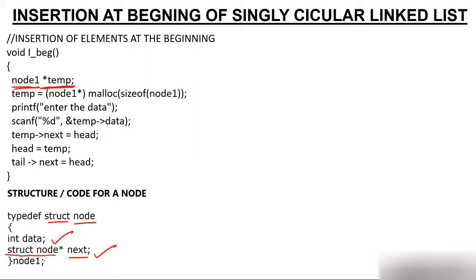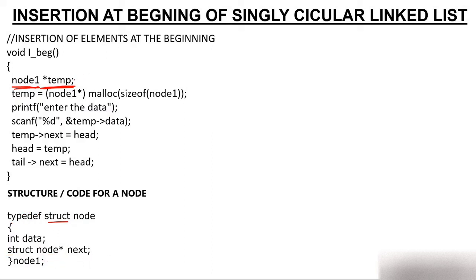I have typedef'd it, which means the entire structure is now represented by node1. If you do not use typedef, then in place of node1 you have to write the complete struct node wherever you see node1. So in order to simplify the code, I have used typedef.